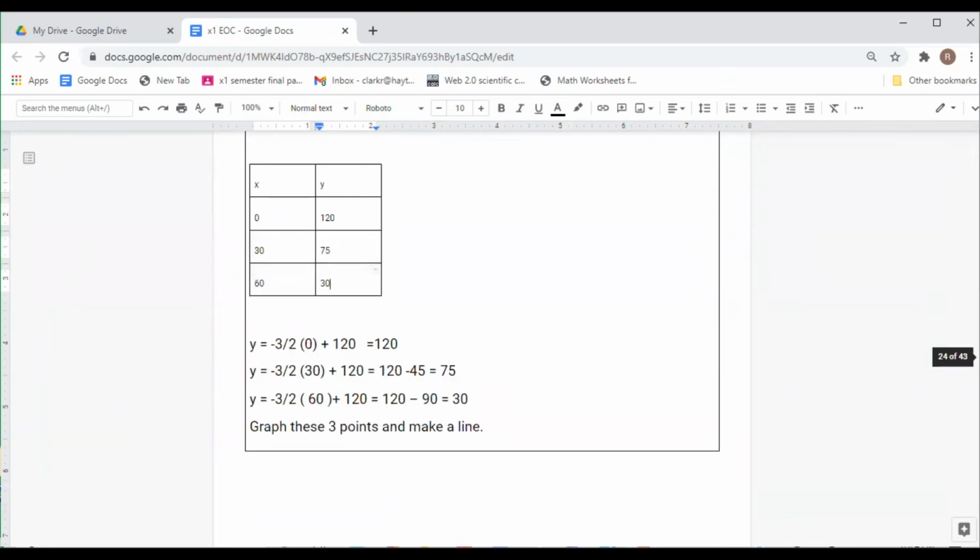That's 0 out and 120 up. That's 0 out and 12 squares up. Then I'm going to go 3 squares to the right and 7.5 squares up and make a dot. Then I'm going to go 6 squares out and 3 squares up and make a dot. And all 3 of those dots will line up, so I will draw a line.